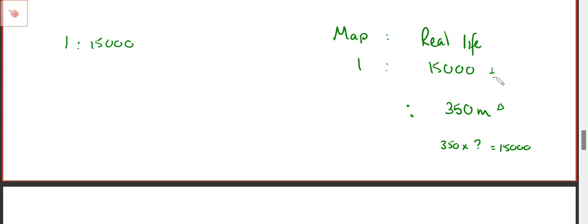If we divide by 15,000, we get 1, right? And then we times by 350 and we get 350. So we've got to do the same on the other. So we're going to do 1 divided by 15,000. Then we're going to do that times 350. What do you get?